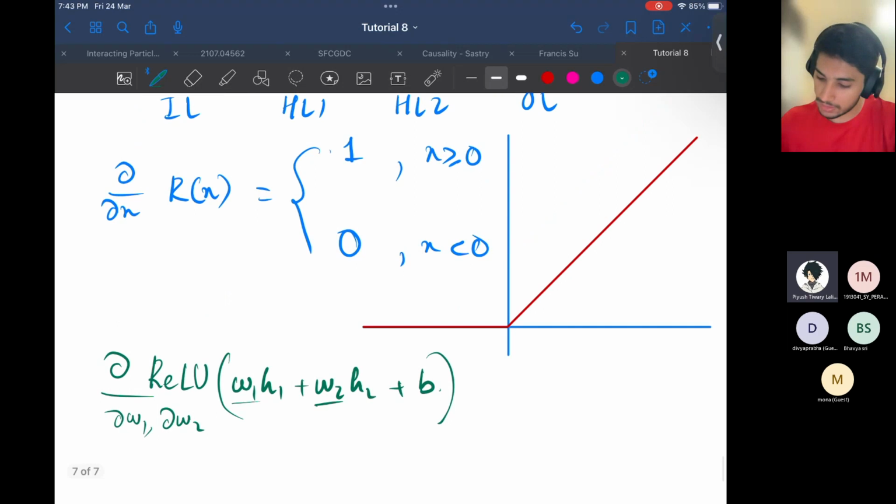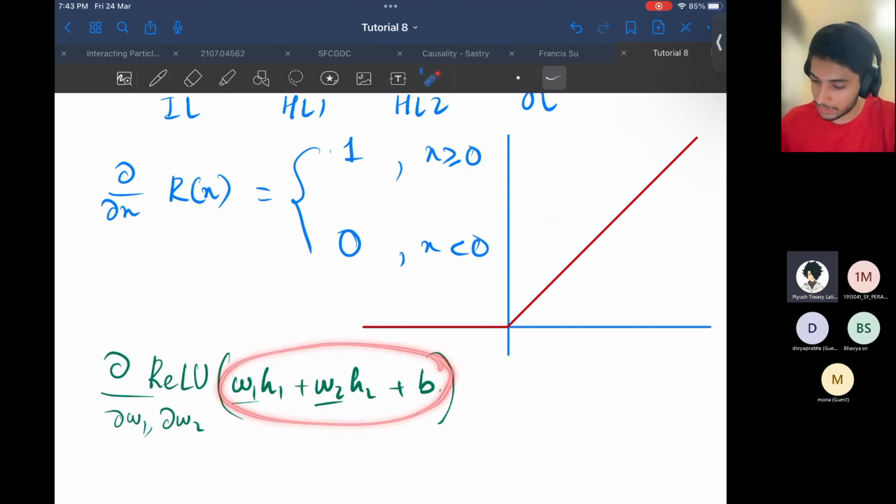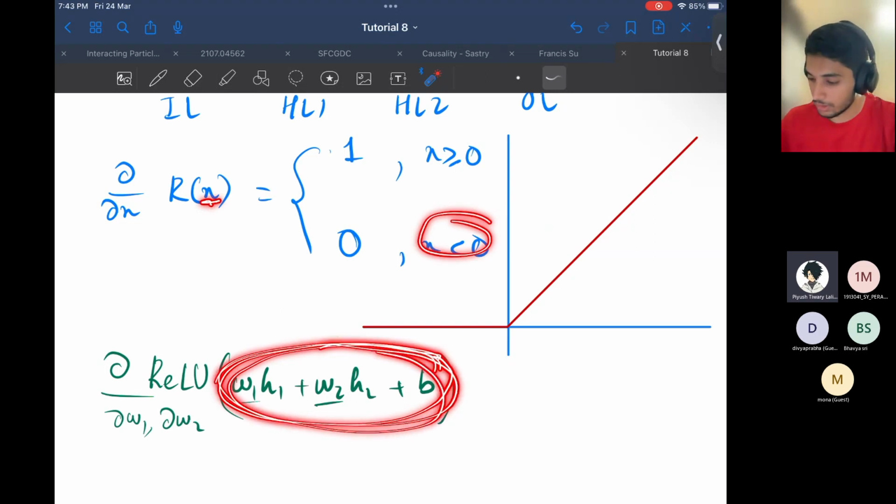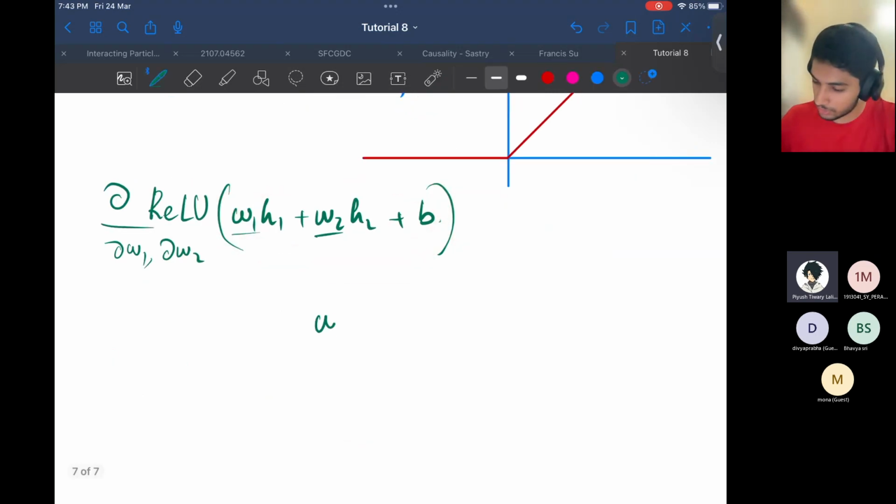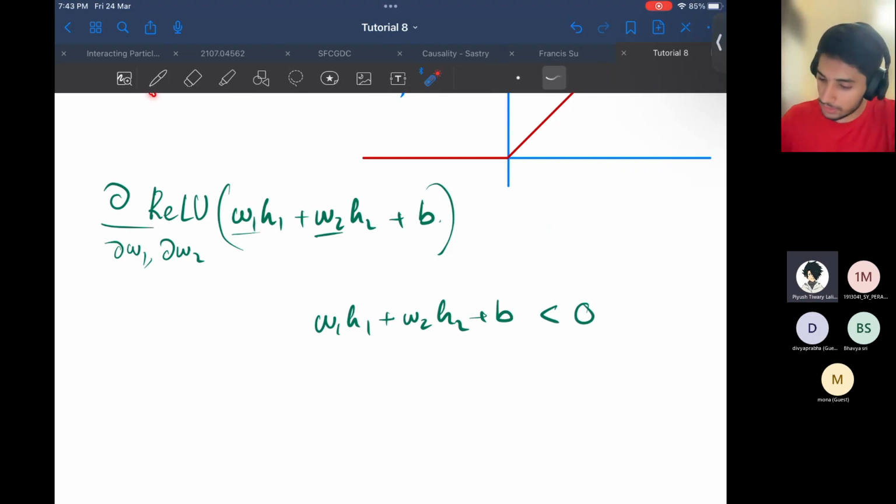Now when is that possible? Well, this is possible when x is less than 0. So this entire term has to be less than 0. When is it possible that W1 H1 plus W2 H2 plus B is less than 0? One possible case is when B is much less than 0.